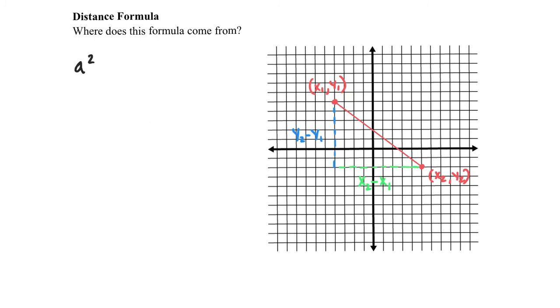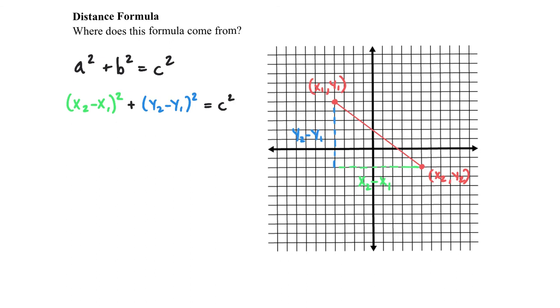We have a squared plus b squared equals c squared. Well, a in this case is going to be our x2 minus x1, and then our b is going to be our y2 minus y1, and our c squared is going to be our hypotenuse, which is what we're looking for.